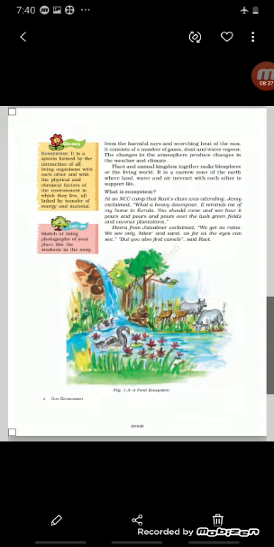Living things such as the plants and animal kingdom together make biosphere. Okay, the biosphere is the zone of air, land and water where living organisms exist. So this is called biosphere.